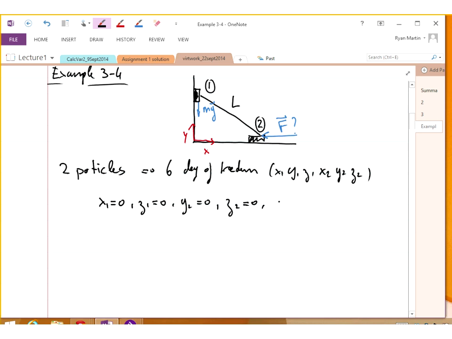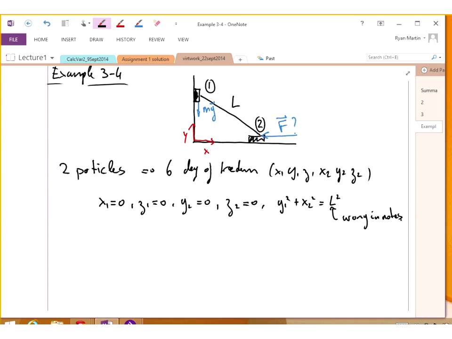That gives us the constraint equation y1 squared plus x2 squared equals L squared. So that's just the hypotenuse of the triangle there. Note that this is wrong in the notes. In the notes I have it written as a 0, but it should be L squared.